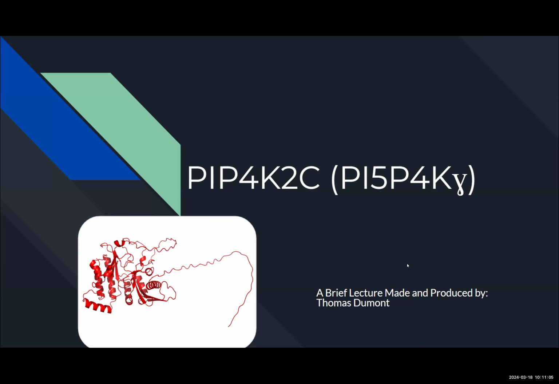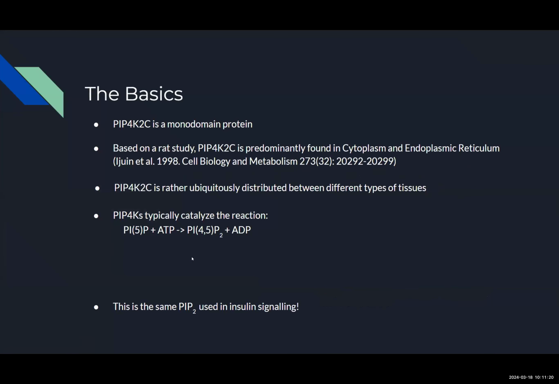Today I'll be presenting on PIP4K2C, which is an isoform of the PIP4K family. And we could see on the bottom left, we have an AlphaFold model of what the protein looks like. Here are some of the basics. PIP4K2C is a monodomain protein, which is just the single peptide and then the whole PIP kinase.